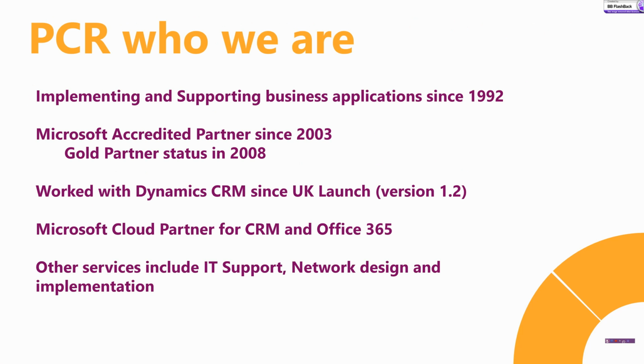We were awarded Gold Partner status in 2008, and we have been working with Dynamics CRM since the UK launch, which was version 1.2. We're a Microsoft accredited cloud partner for both CRM and Office 365, and as I mentioned, in addition to our business applications, we also provide IT support services, network design and implementation as well.